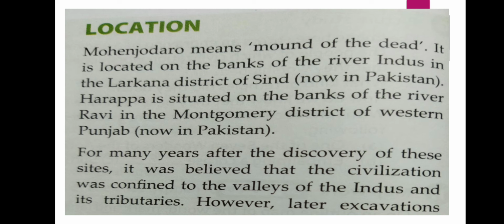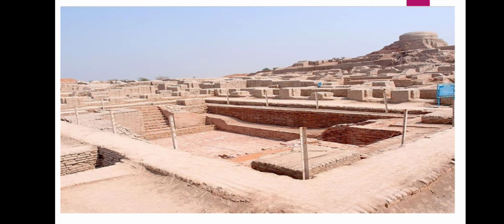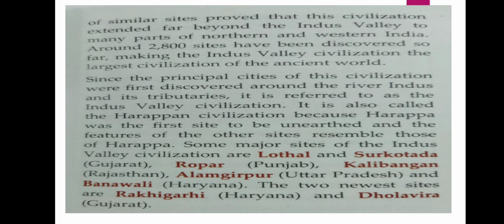For many years after the discovery of these sites, it was believed that the civilization was confined to the valleys of the Indus and its tributaries. However, later excavations of similar sites proved that this civilization extended far beyond. For example, in northern and western India, around 2,800 sites have been discovered.